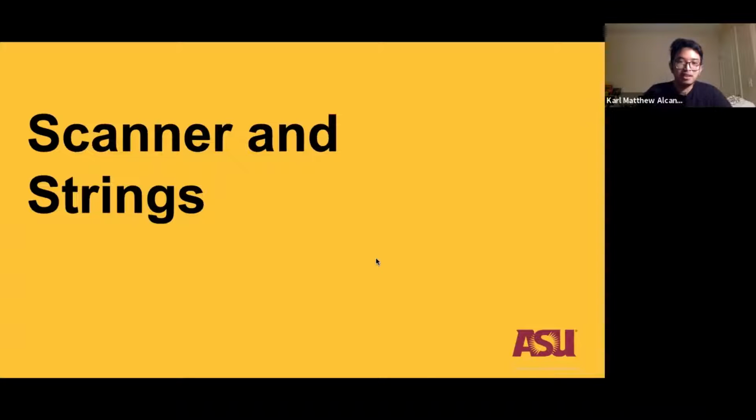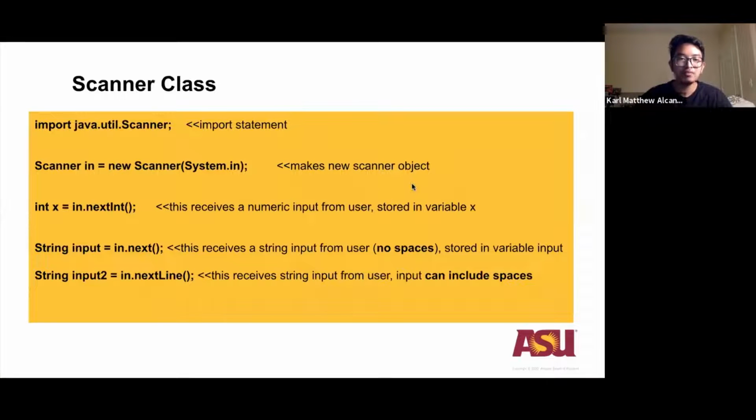Okay, so next, we will be discussing scanners and strings. The scanner class is something that you use often in CSE 110. In order to actually use the scanner class, you have to import the scanner class itself. The import statement, import java.util.Scanner, you always have to include in order to use a scanner.